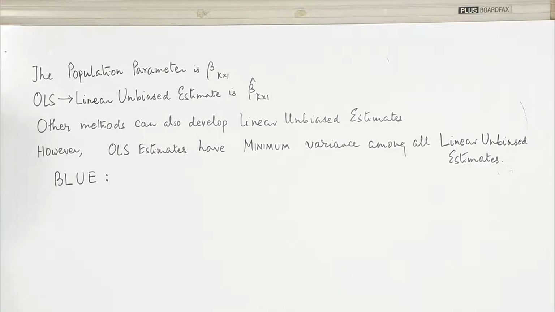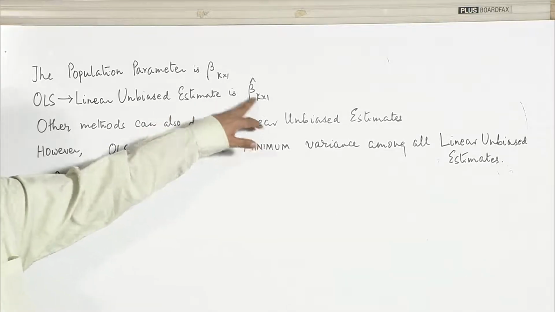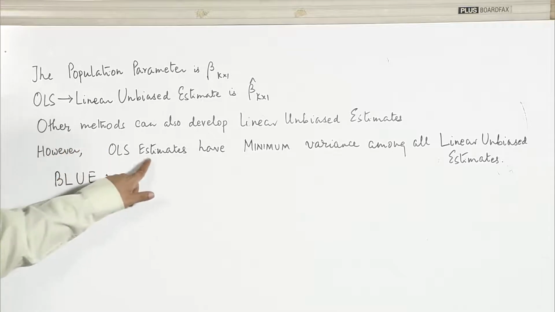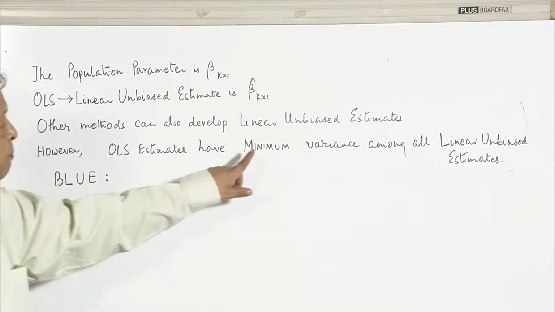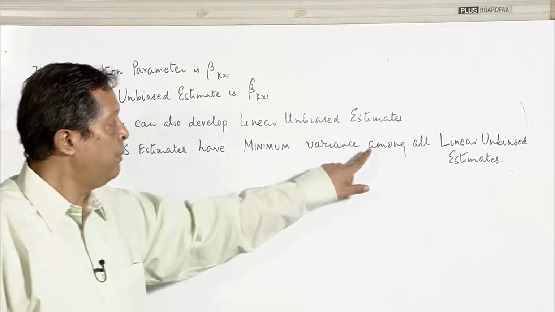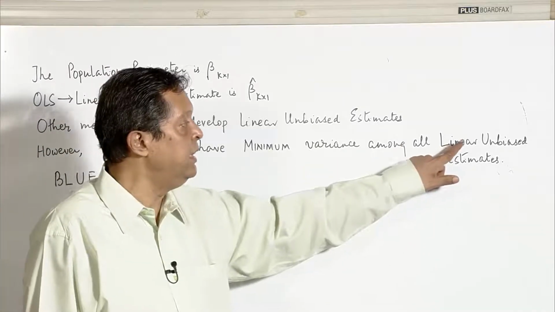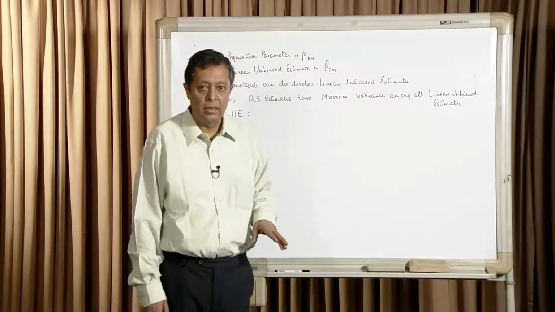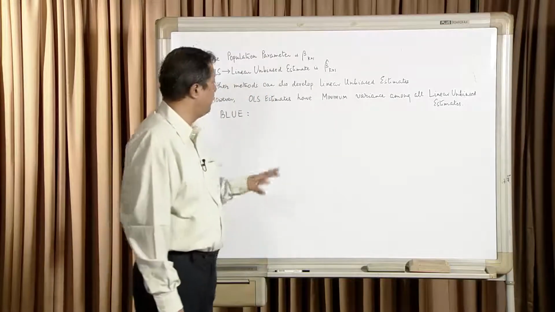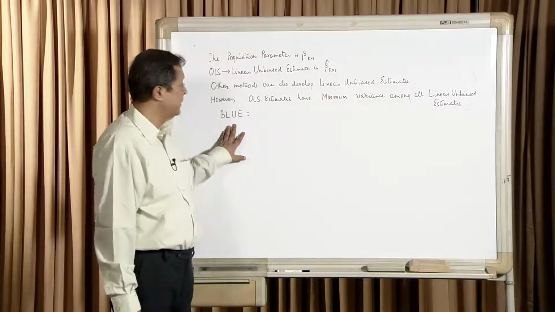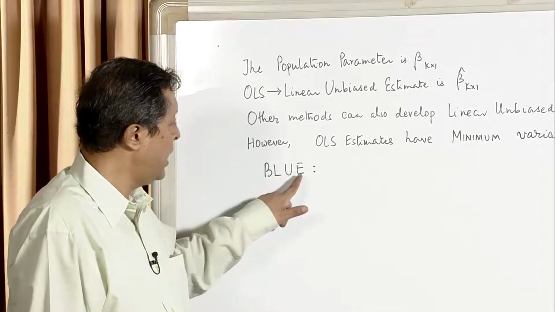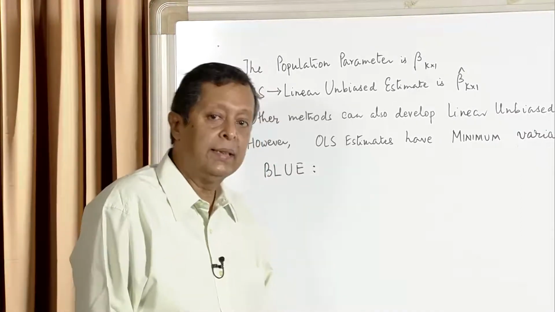On the average, expected β hat will be equal to β, plus the variation will be minimum. So, we say that ordinary least squares estimates have minimum variance among all possible linear unbiased estimates. That means they are the best among the class of linear unbiased estimates. That is abbreviated as best linear unbiased estimate, or we call it BLUE.